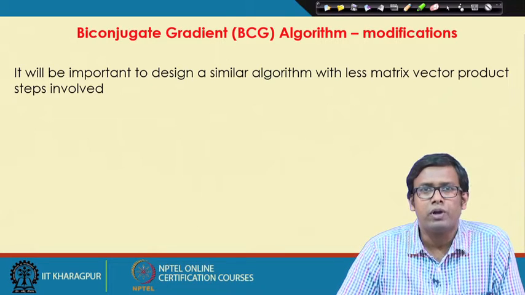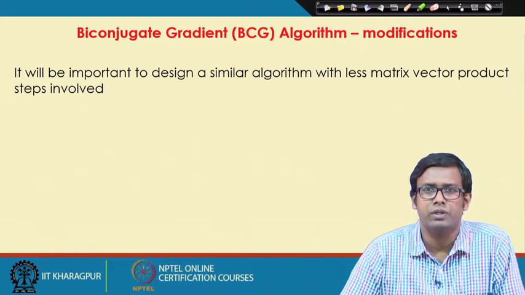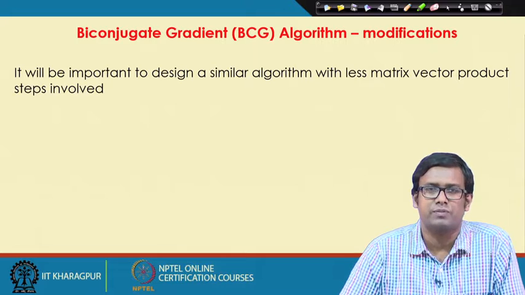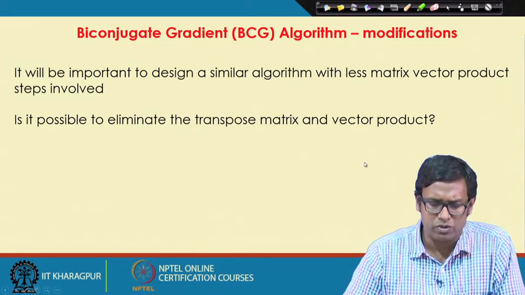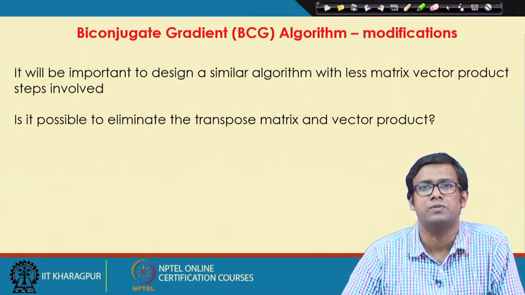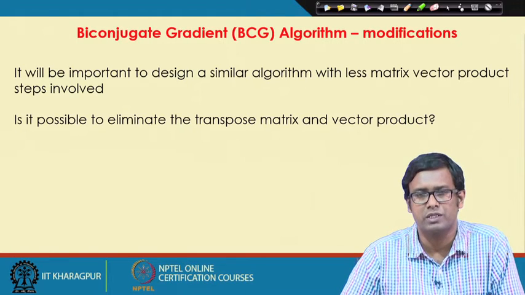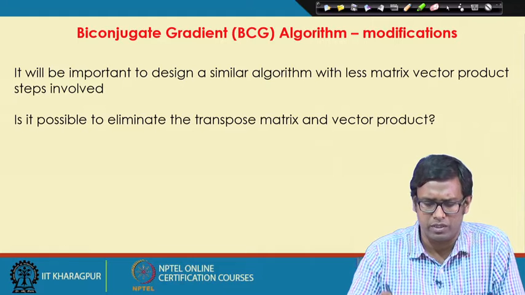So, it will be important to design an algorithm similar to the biconjugate gradient or BiCG algorithm with fewer matrix vector product steps involved. The question is, is it possible to eliminate the transpose matrix and vector product? This is one of the limiting steps implementation wise, in some cases memory wise or performance wise. Can we eliminate this step?